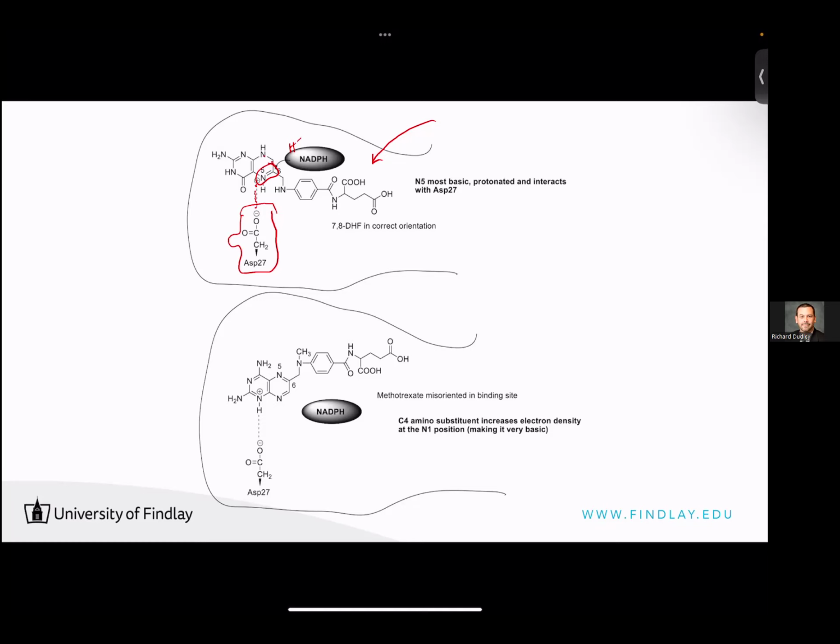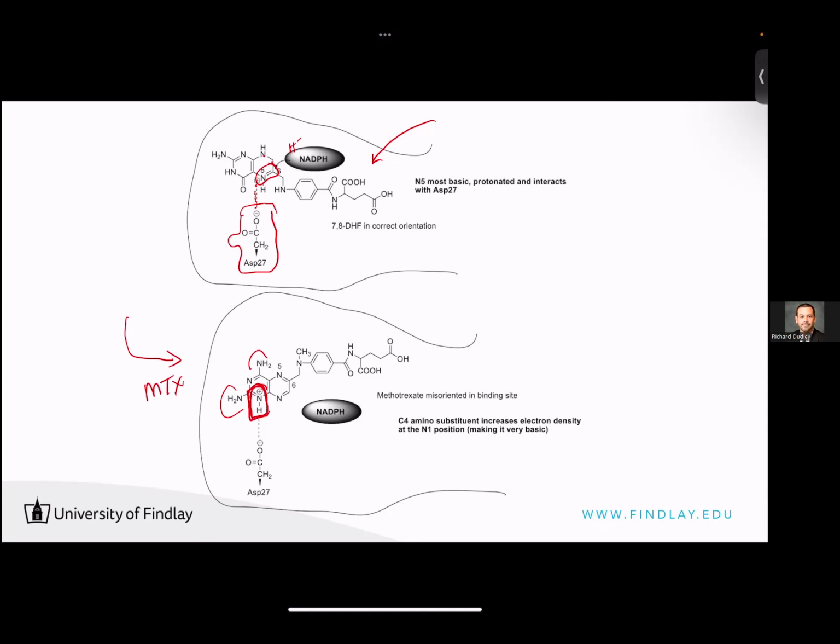When methotrexate is bound in the active site, you see a different chemical arrangement relative to folic acid. The amino groups seen in the ring system end up making this nitrogen, which I've enclosed in the box, the most basic position.